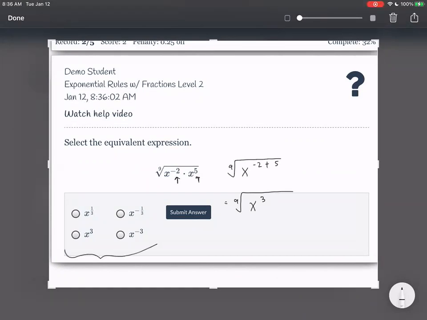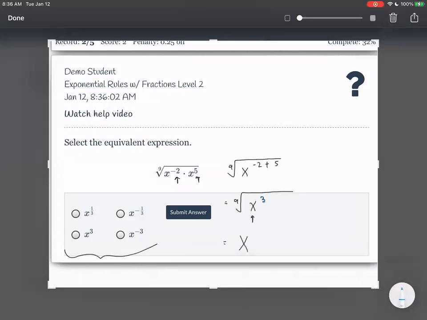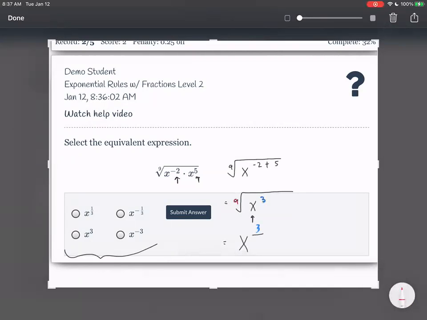However, we don't see that here, so we need to turn it into exponential form. In order to turn this into exponential form, you keep the x as your base. The exponent that it used to have still is part of your new exponent as the numerator. And the denominator of your exponent is going to be the root number.